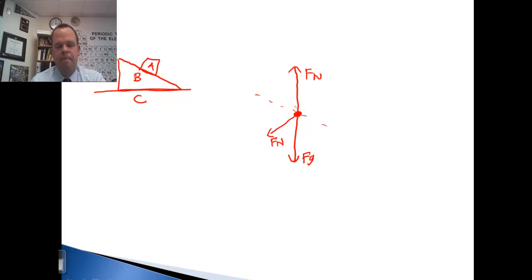And then if A is not sliding, there must be friction going that way. If B is exerting a frictional force on A, A must be exerting a frictional force on B, Newton's third law. So this one's a little bit more complicated case.